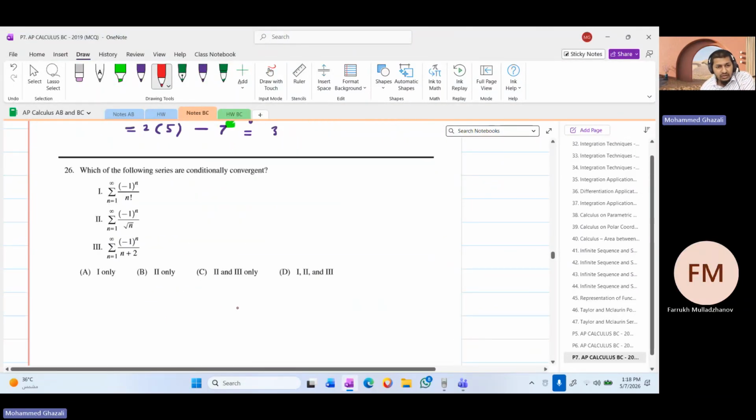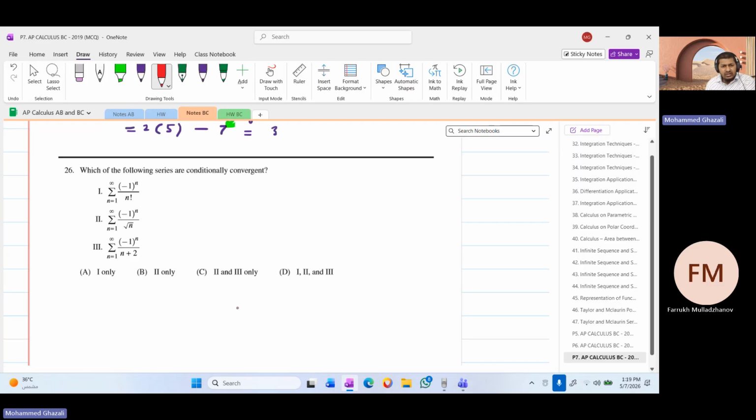So now the next one. Which of the following series are conditionally convergent? Let's look at the first one. To check for convergence for the first one, let's apply the ratio test, because it has a factorial in there. Most of the questions that have factorials, we always use the ratio test.